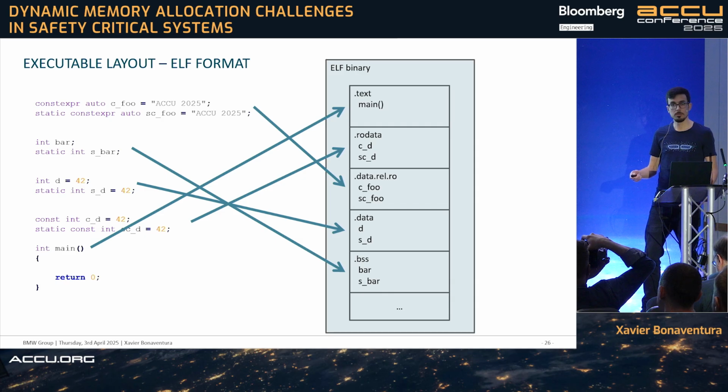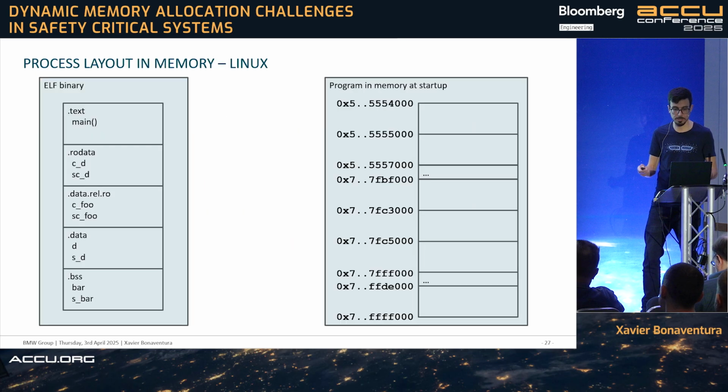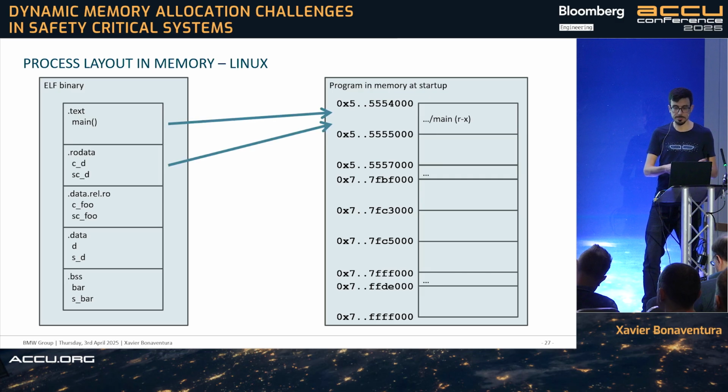Okay, now we want to load the program. And what we said is that a computer is nothing else but instructions and memory, right? We have this ELF binary, and in the first step of starting, it just does the mapping. And like this, you have these memory sections.